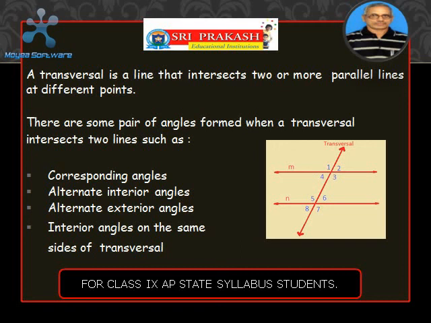Clear? So from this diagram we can understand what corresponding angles are. 1 and 5 are corresponding angles, 3 and 7 are corresponding angles, 2 and 6 are corresponding angles, 4 and 8 are corresponding angles.